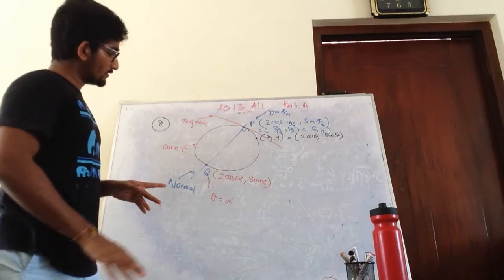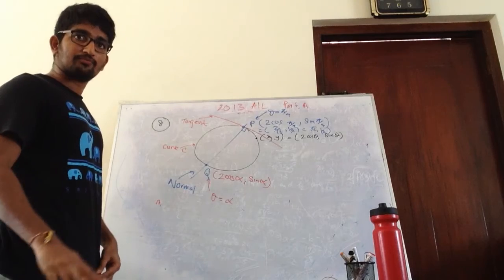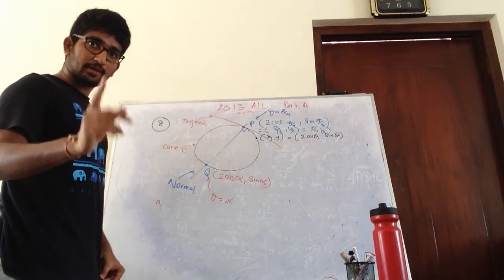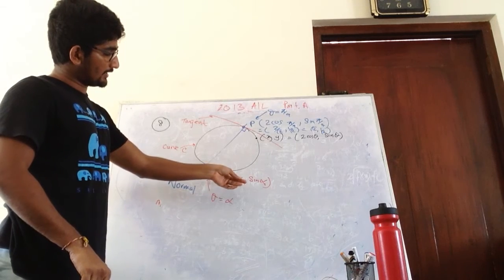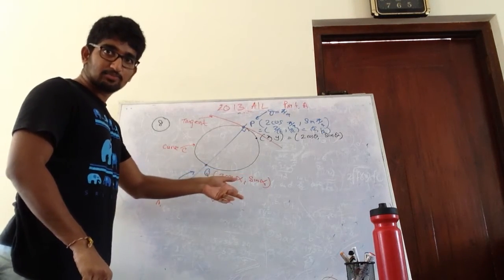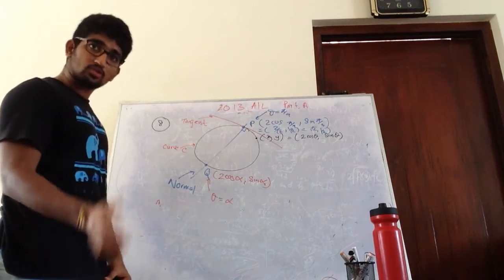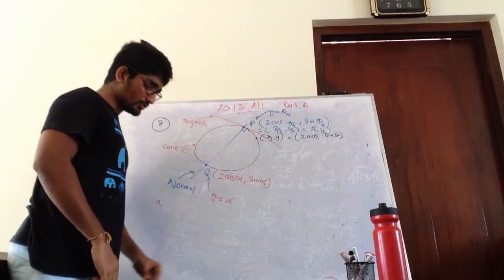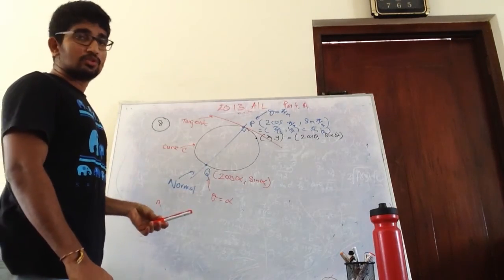So we have to find the equation of the normal line first, and because the normal line satisfies this point, you can substitute that and you will get this answer. So how do you get this line now?